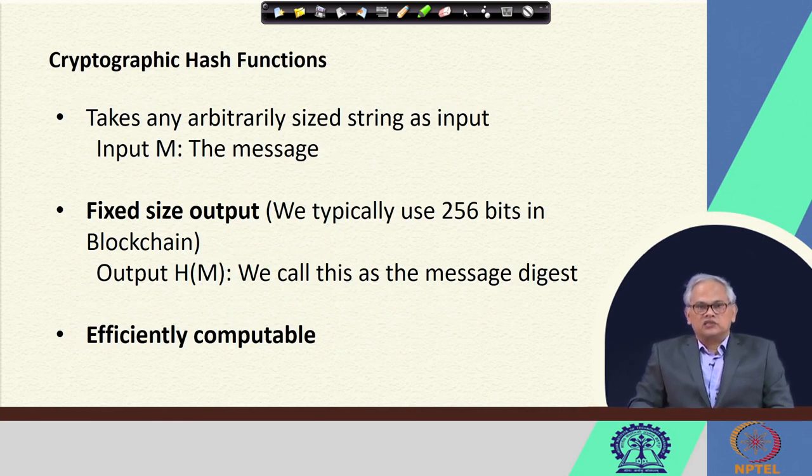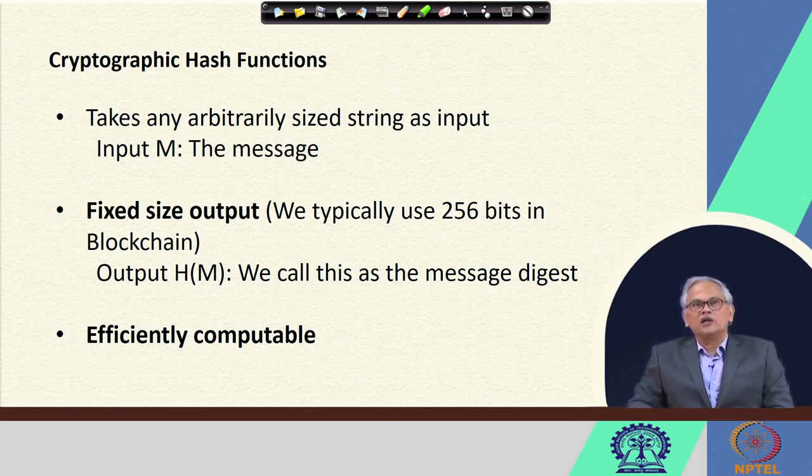So, what is a hash function, and more specifically, we are talking about cryptographic hash functions. These are functions, as we know them, that take some input and produce some output, and the properties that make such functions cryptographic hash functions are as follows. They take an arbitrarily sized string as input. The input we denote by the uppercase letter M, which represents the message that will be converted into what we call the fixed size output, often also called the message digest.